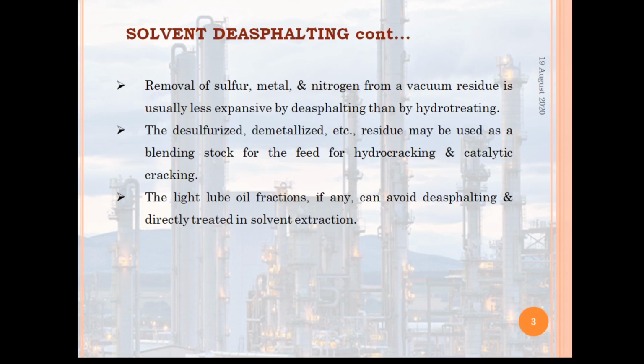Now the removal of sulfur, metal and nitrogen from vacuum residue is usually less expensive by deasphalting than by the hydrotreating process. The desulfurized, demetallized residue may be used as a blending stock for the feed for hydrocracking and catalytic cracking.